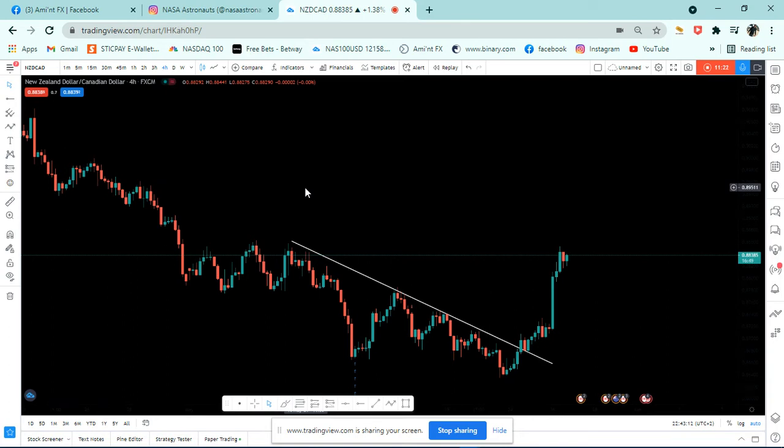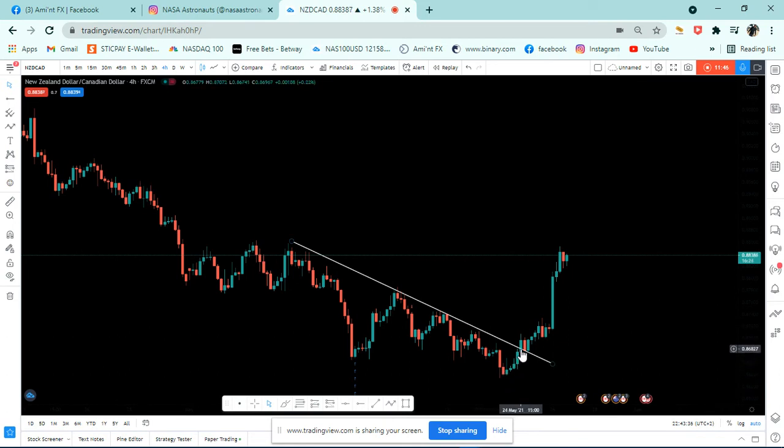So you see, the market was in a downtrend. It retested this resistance, it went down. We tested the same resistance, down again. Then look what happens here.